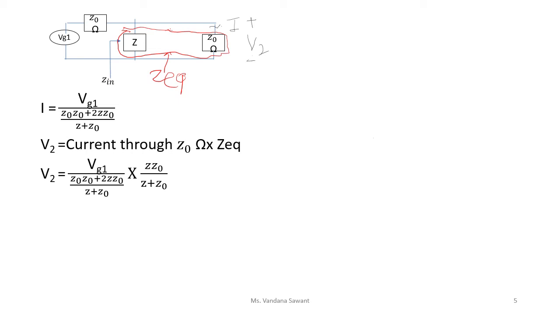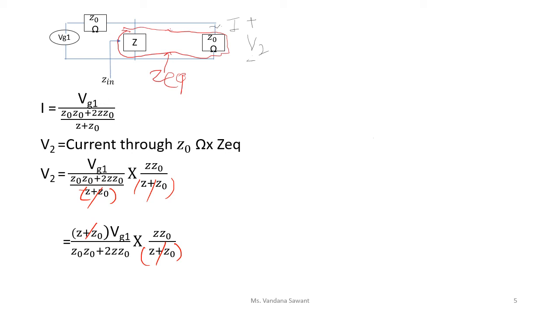In this we can cancel the common terms. Like this we can cancel this term with this, that is Z into Z0. So Z plus Z0 and Z plus Z0 will be cancelled on both ends.